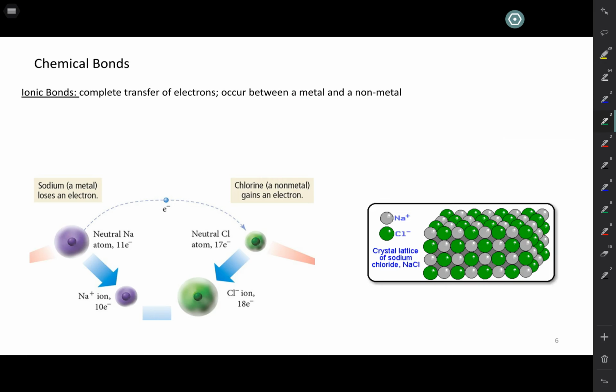Because the cations and anions are attracted to each other, they form a crystalline lattice of alternating cations and anions. And just as a review, the metal loses the electron and becomes a cation, and the nonmetal gains an electron and becomes an anion, just as we saw in the previous video.